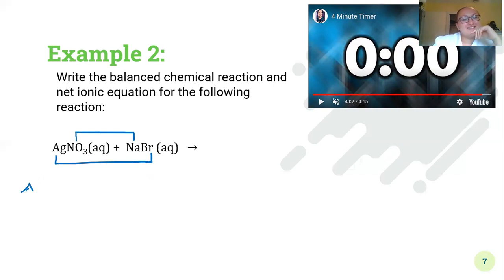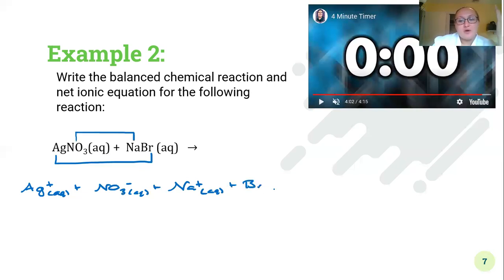Again, I really like to write out stuff as it exists in solution, dissociated, because it helps me see their individual charges. And that's important when you're trying to figure out what compounds it forms. So we get sodium nitrate.